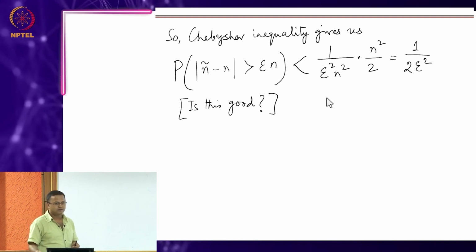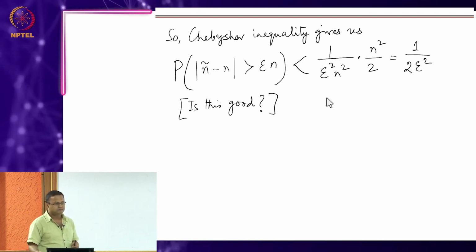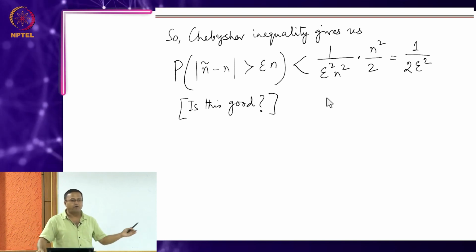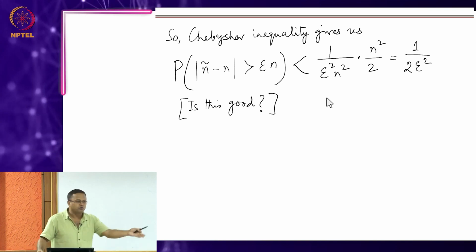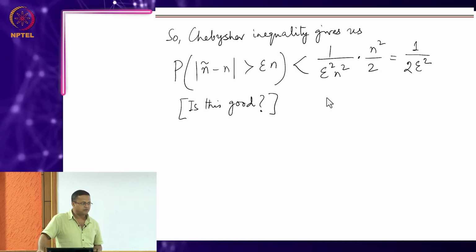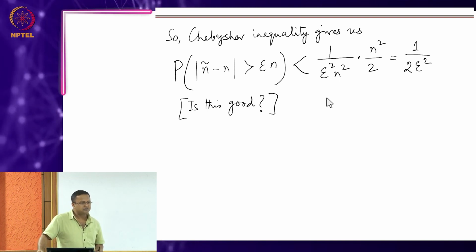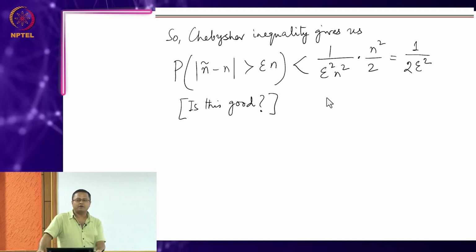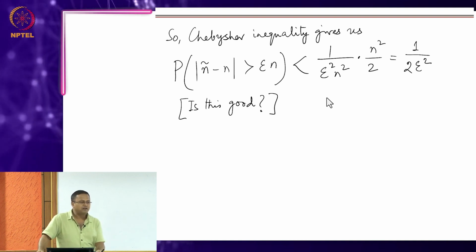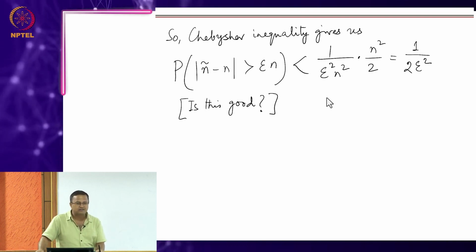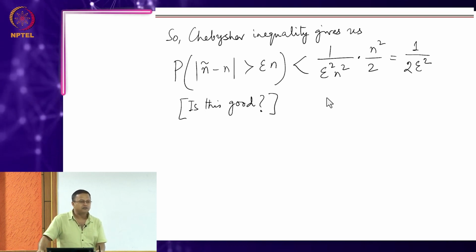So, for most of the values of epsilon, you are getting a probability value which is almost telling you nothing. So, this Morris algorithm, though it gives me an unbiased estimator, in terms of tail inequality, in terms of the concentration result, is very poor.